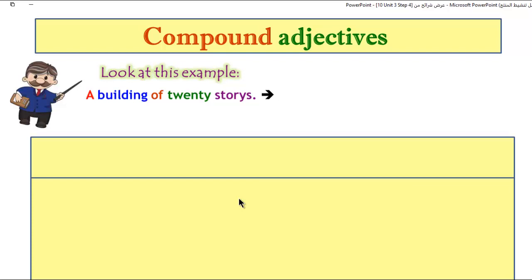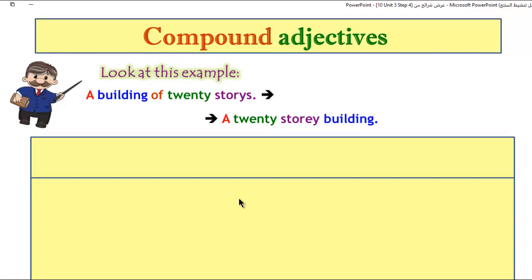Look, it's very easy. A 20-story building. A building of 20 stories, I say a 20-story building. It is a sentence containing a compound adjective.